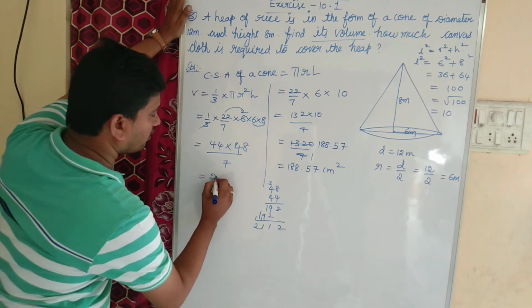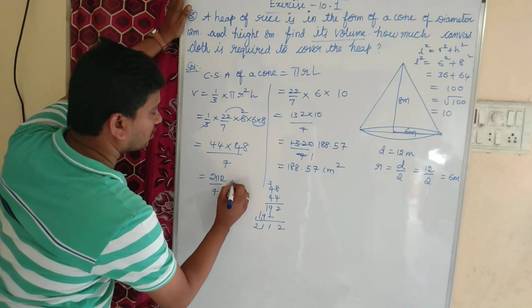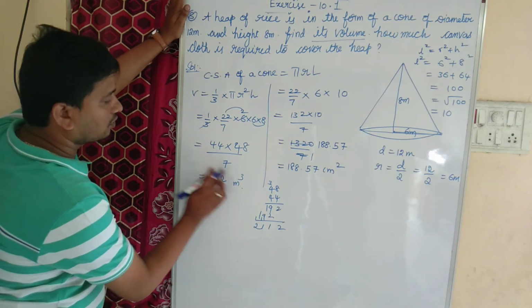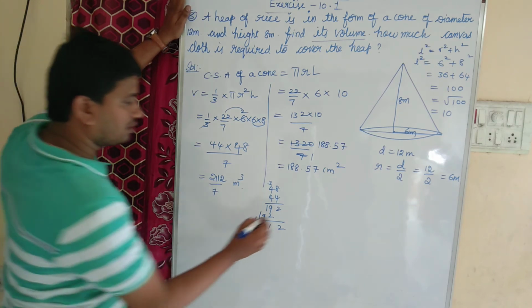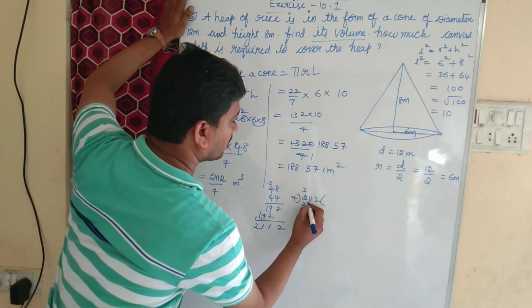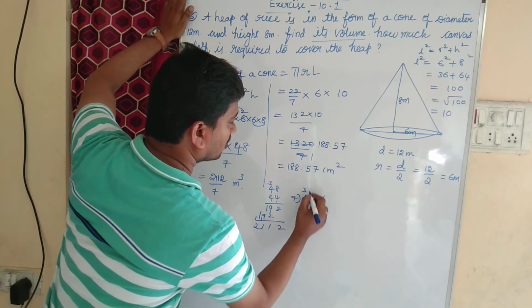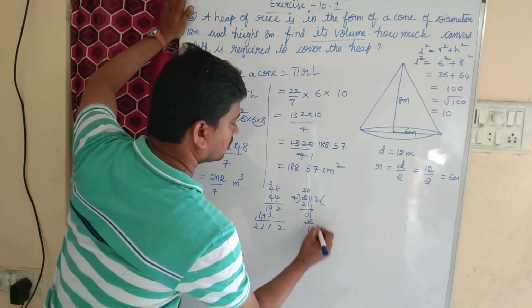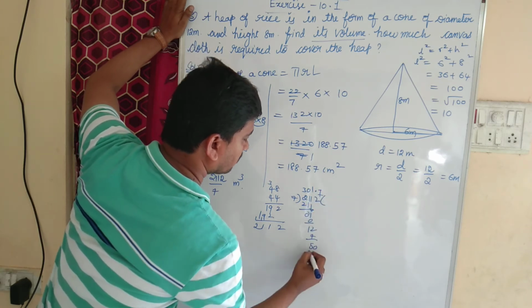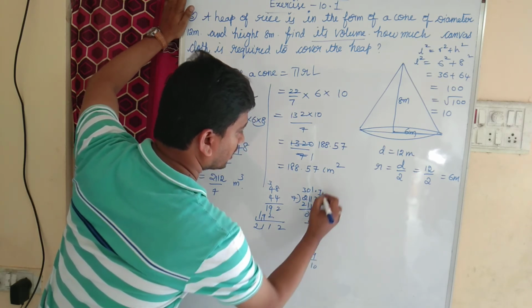that is 2112 by 7, which is in meters, right? So meter cube. If you want further, you can divide 2112 by 7: 7 3s are 21, 7 0s are 0, 7 1s are 7, 7 7s are 49, again 7 1s.